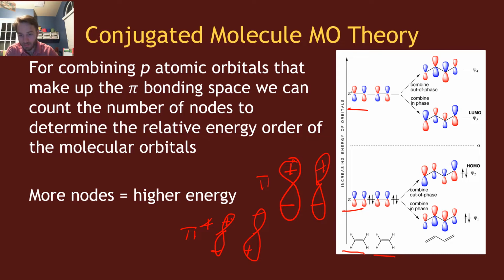Now, if I form butadiene, I can think of butadiene as taking two ethenes, where I have two pi bonding orbitals, and I can add them together to get the bottom curve, or I can subtract them to get this upper curve.